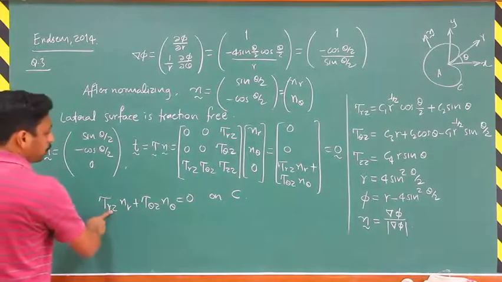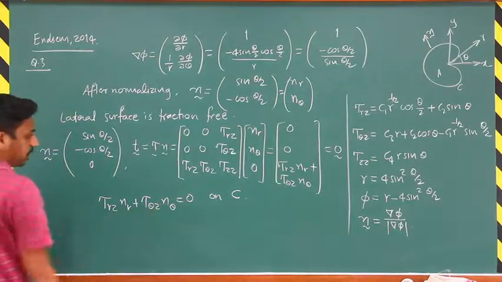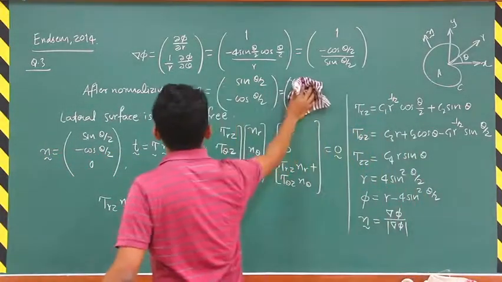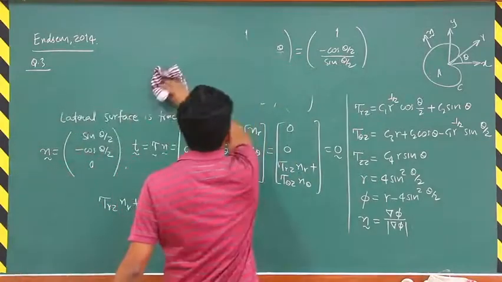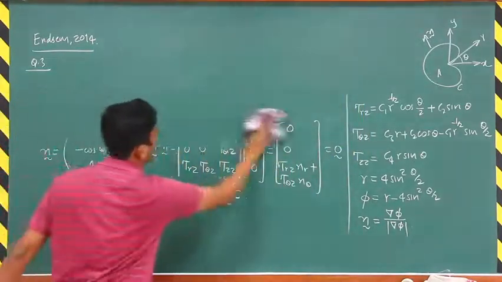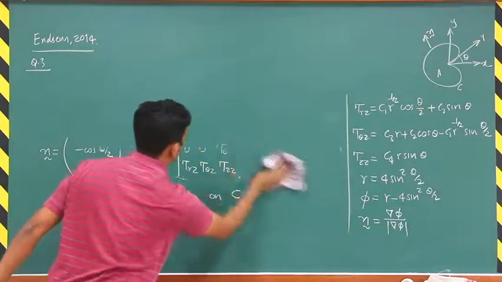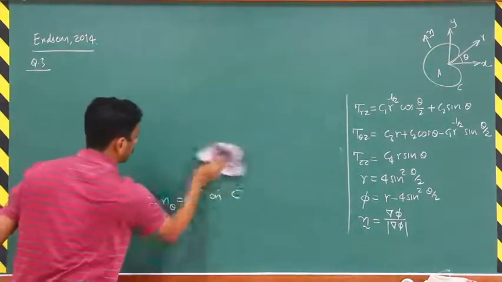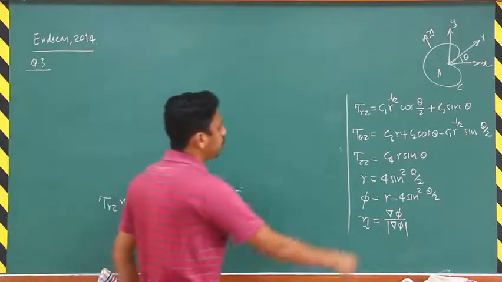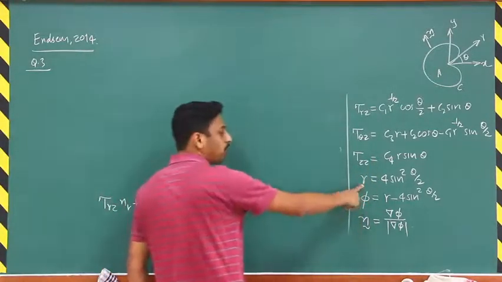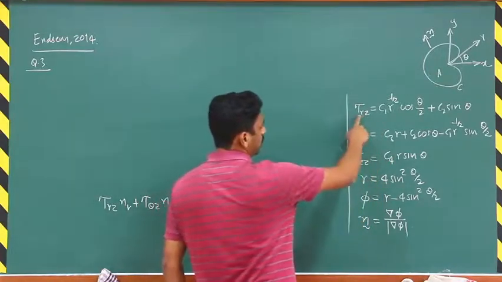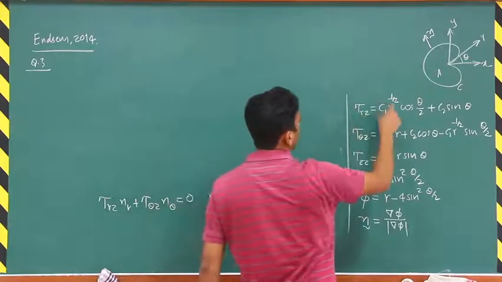So we'll make use of this particular relation to find certain constants. Now we use this relation on contour C. On contour C we have the relation r equal to 4 sin square theta by 2, and terms in stresses involve r to the power minus half.